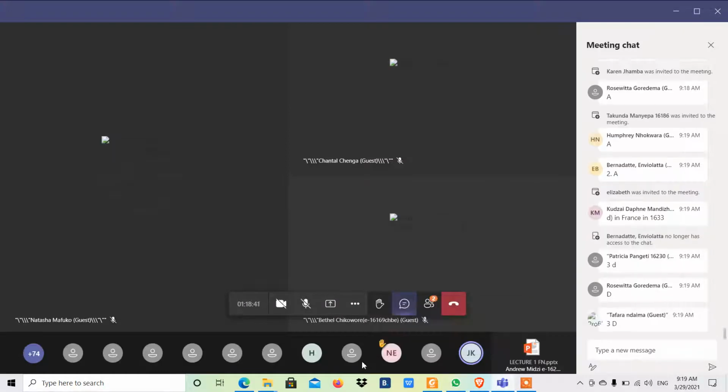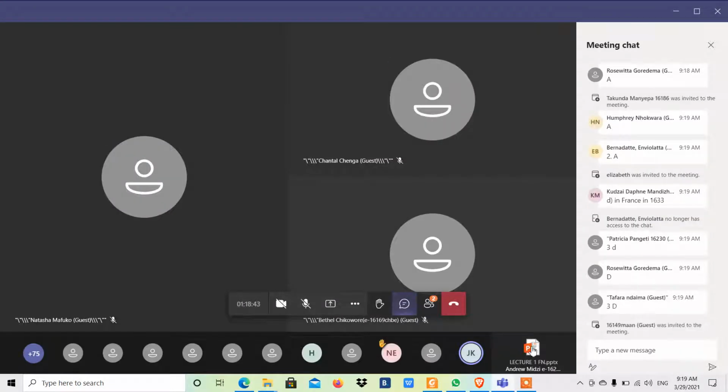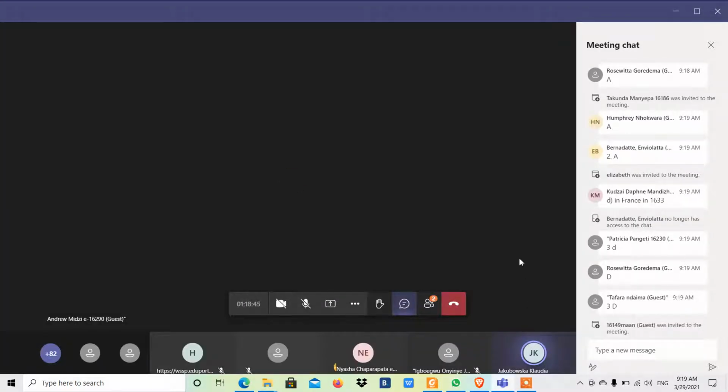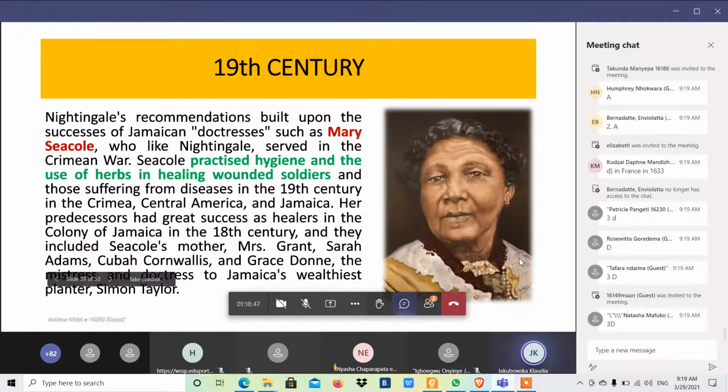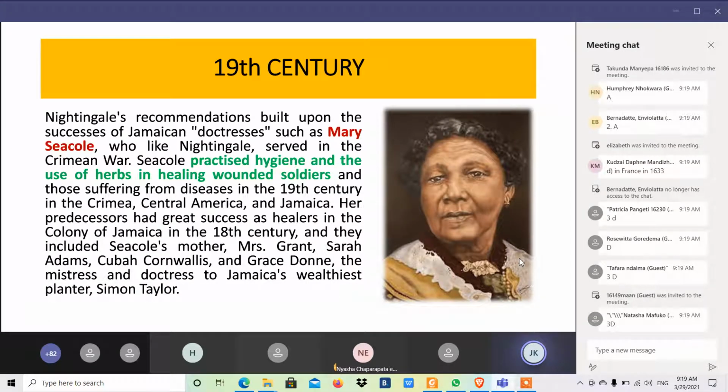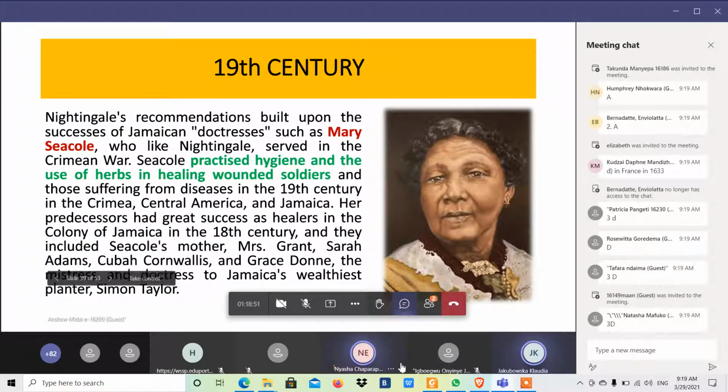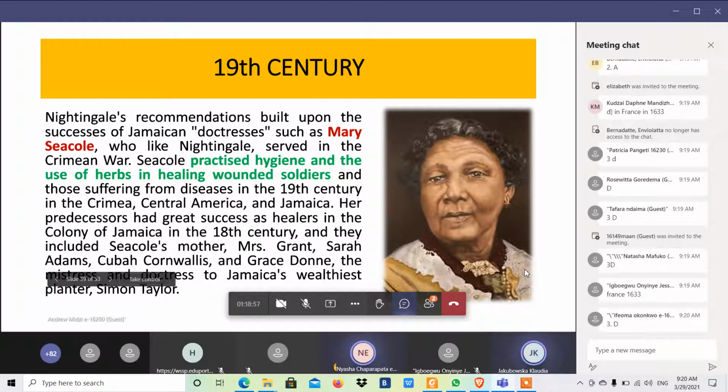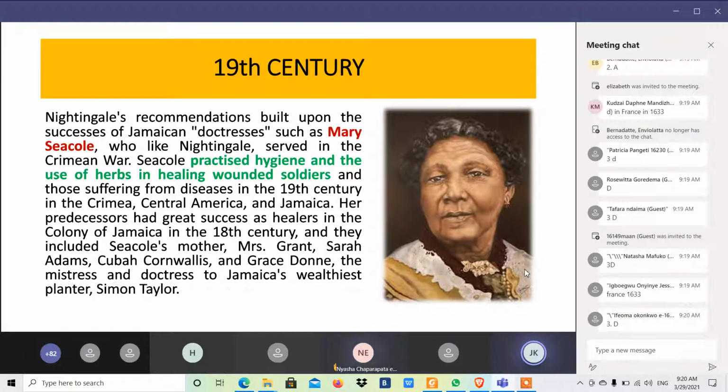A leadership role was taken by the Daughters of Charity of Saint Vincent de Paul, founded in France in 1633. Okay, we can go. Someone is okay, you write it on the chat. Okay, we are going next.